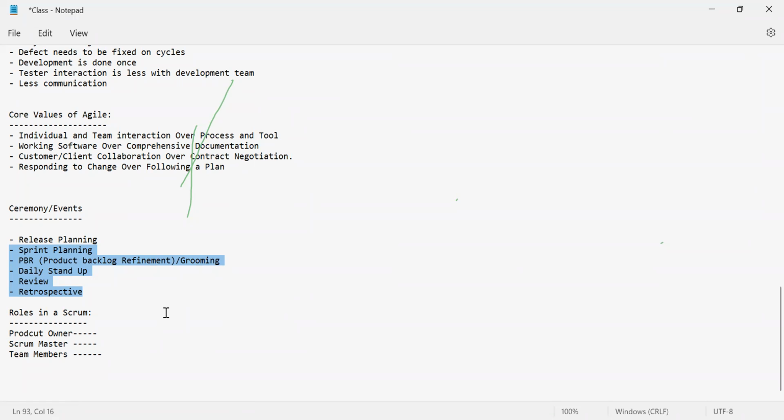Take for example, 5 team members are working for 8 hours, 8 times 5 is 40. Suppose all these meetings take 6 hours for everybody.